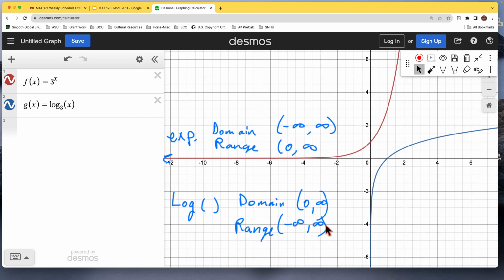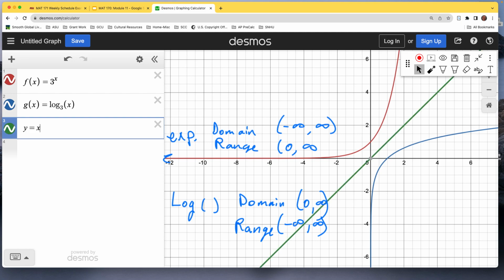And it fits, right? The other thing you see is how do we know that these two are inverse functions of each other? They're reflections around the line y equals x, and I'll do that as a dashed line. And the reason y equals x, right? What does an inverse function do?